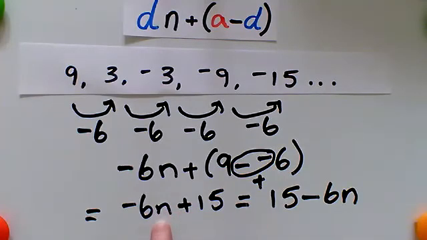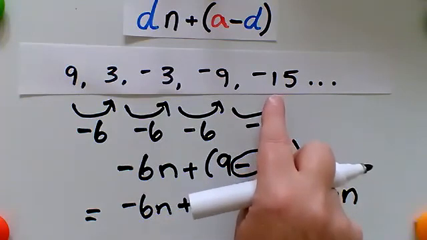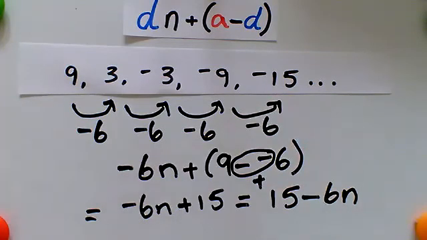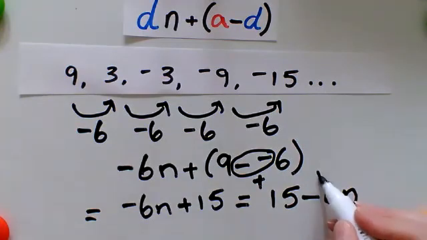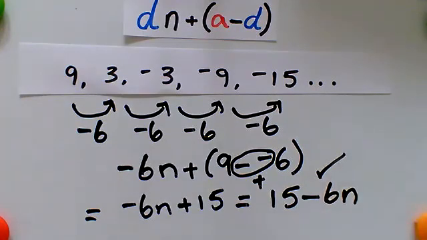And if n was 5, minus 6 times 5 would be negative 30, plus 15 would be negative 15. So there's a couple of checks you can always put in place just to be absolutely sure you've got the right answer. Now have a go at some of the questions on the PowerPoint, and do let me know if you need any extra help.